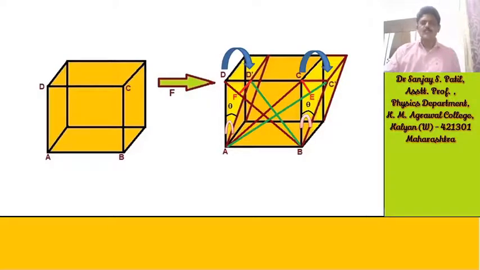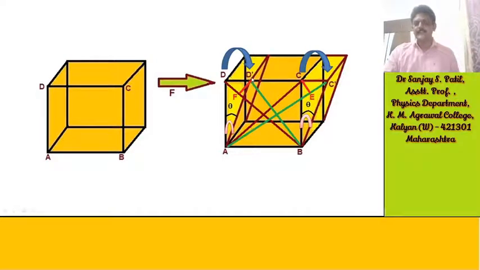Suppose this is a cube which is being considered and force is applied along this edge DC. So whatever the changes that take place, the shifting of D to D dash and C to C dash takes place.